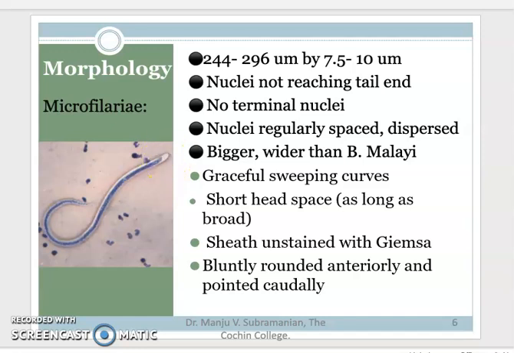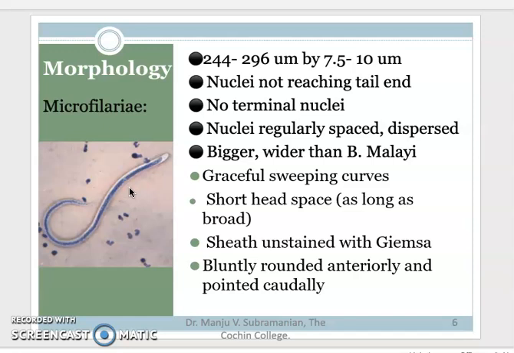These Microfilaria live up to 12 months in the human body. Because of the presence of this sheath, they can move back and forth within it.